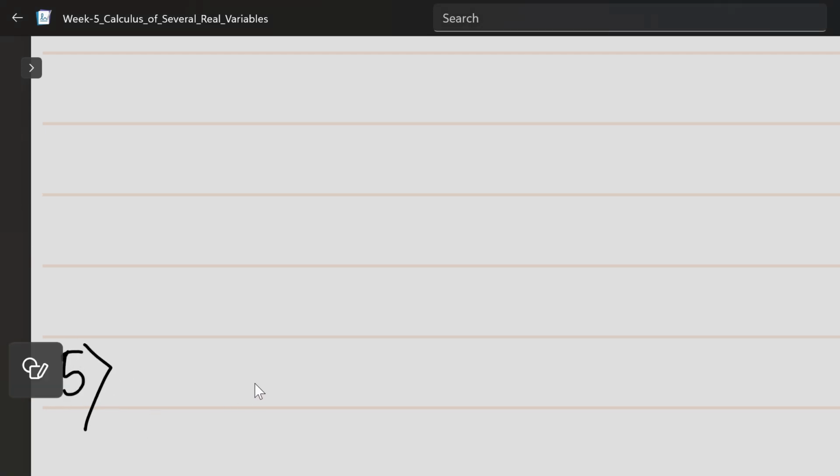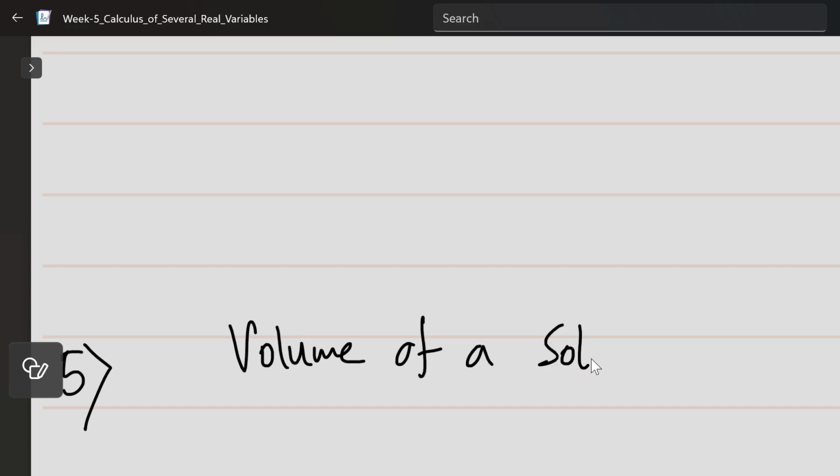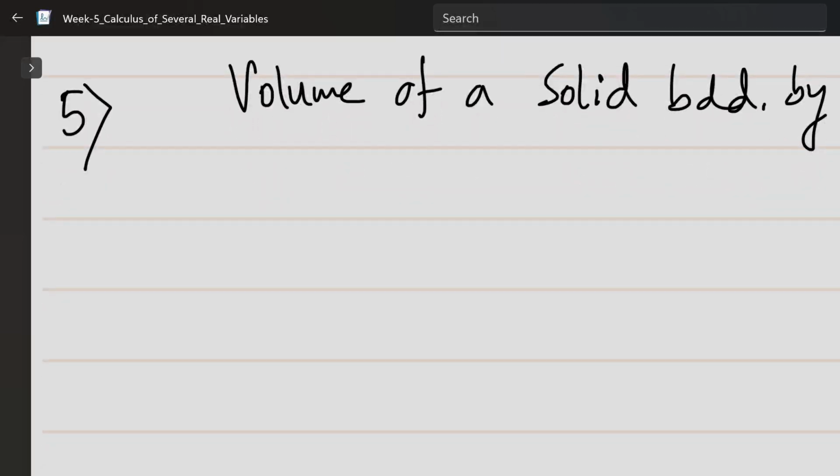So we want the volume of the solid bounded by z equal to x plus 4, and in the xy plane by y equal to 4 minus x square and the line y equal to 3x.